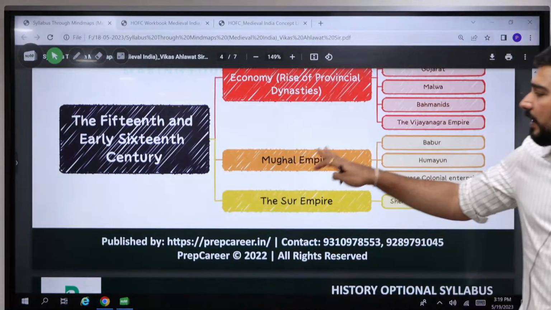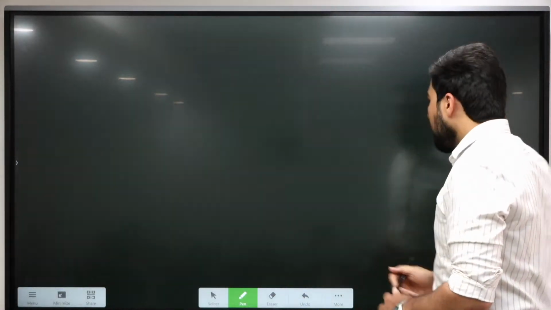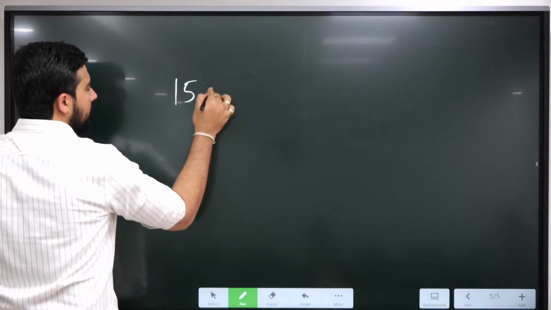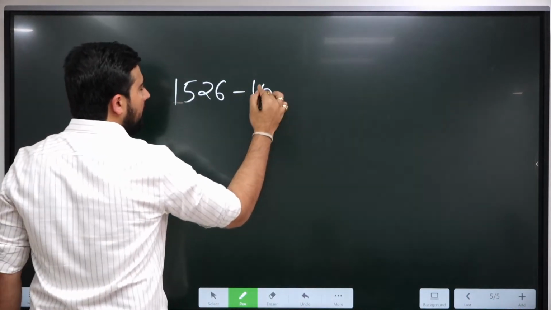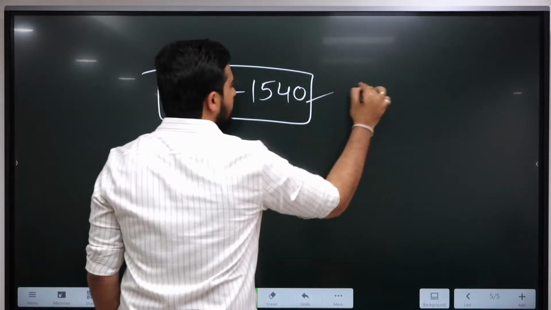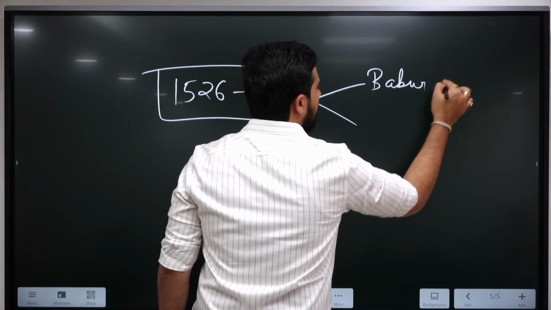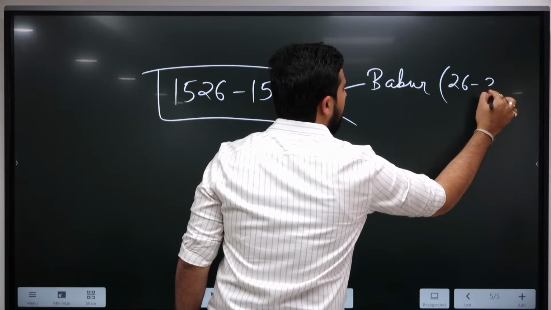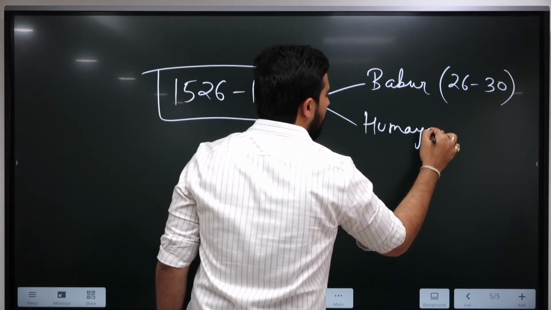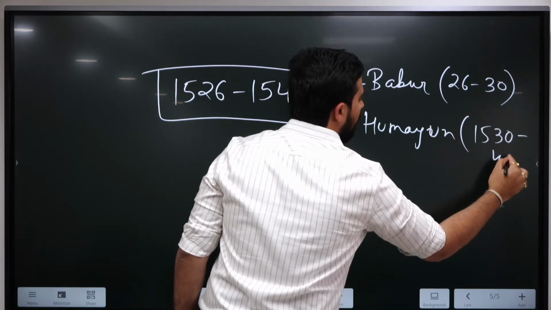The early phase of the Mughals can be divided into three parts. First, from 1526 till 1540. This also has two parts. The first belongs to Babur from 26 to 30. Then comes Humayun from 1530 to 40.